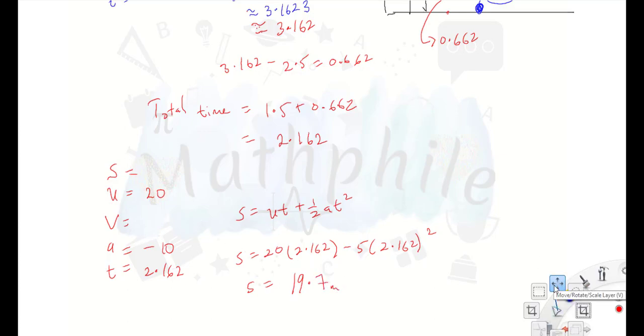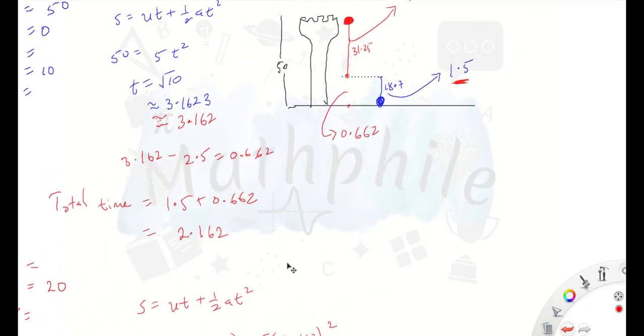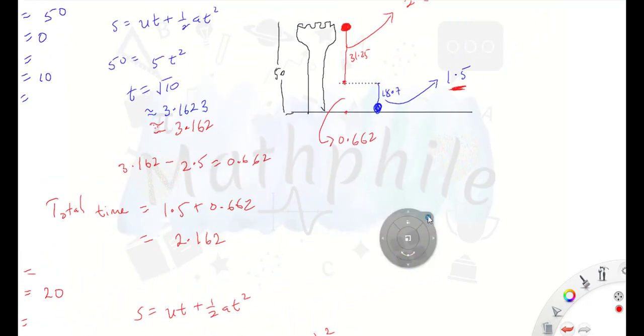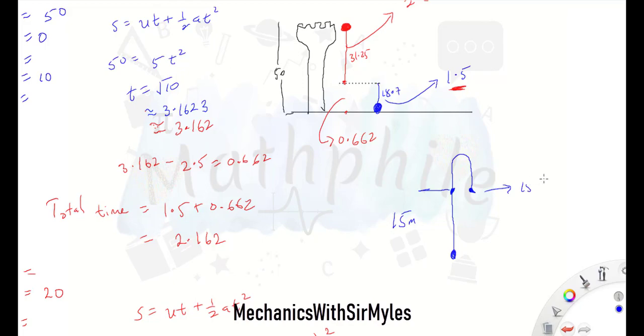So there's a common mistake. With this one, we're saying that the total time the particle has traveled is 2.162, which is very correct. But the question is about displacement and distance. When I project a particle and it goes up 15 meters, and comes back to this level, the displacement is still 15.